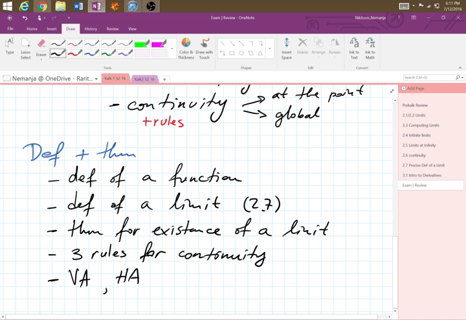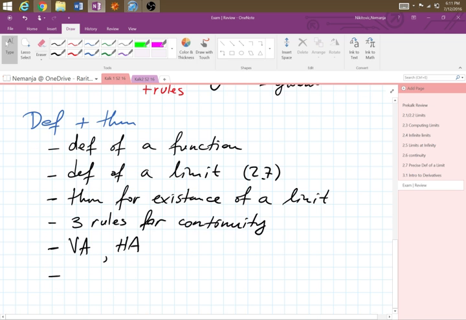So these are the ones that you are stating as formulas. I mean, you should know, obviously, the theorems for continuity, right? Which functions are continuous. Let's put that list of continuous functions. That's extremely important.